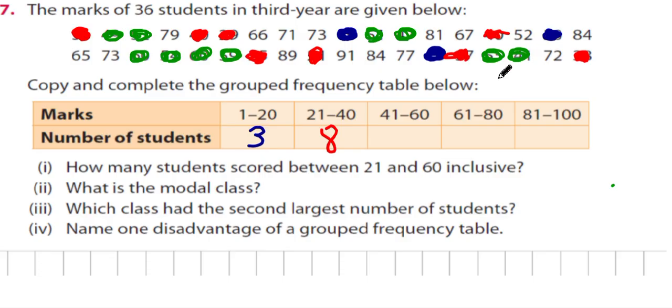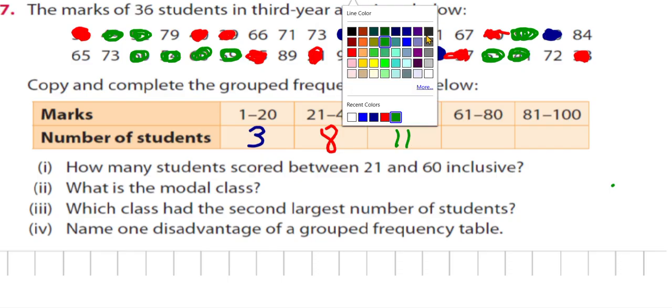Which one is it? 52. 1, 2, 3, 4, 5, 6, 7, 8, 9, 10, 11. Is that okay? Any other numbers between 41 and 60? No. It's 11.